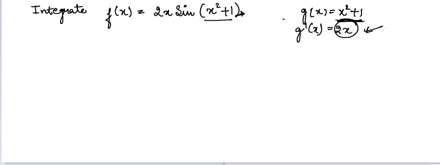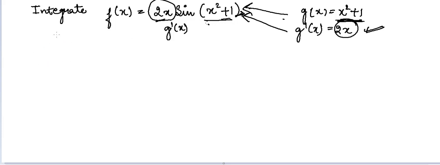This is what I was talking about. You are getting the function as well as its derivative, g dash x, in this function itself. So in this we can use the substitution method.